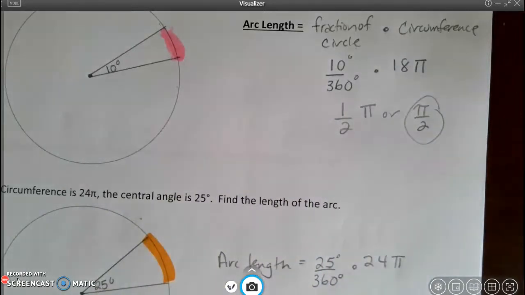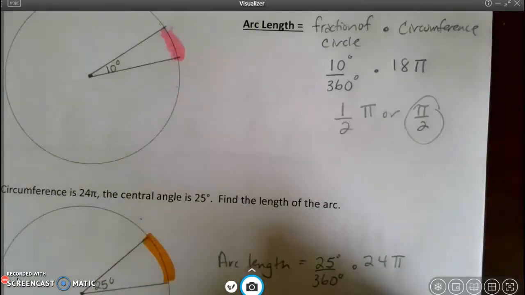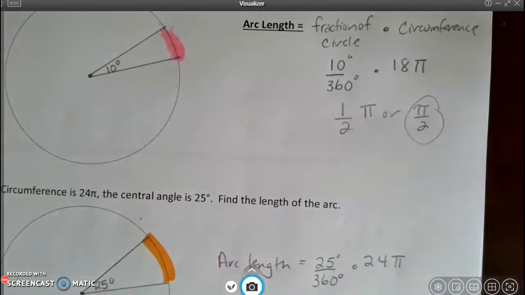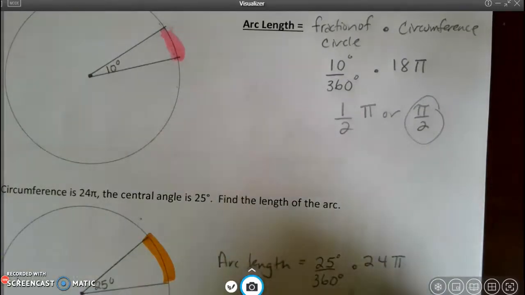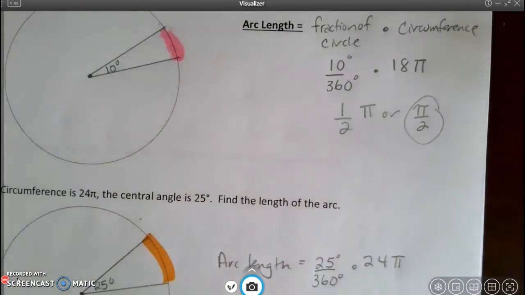So on my calculator, I'm going to take 25 times 24, and then divide that by 360, and I get 1 2/3, 1.67 pi. I'm going to go ahead and convert that to a fraction, which would be 5/3 pi. 1 2/3 is the same as an improper fraction, 5/3.